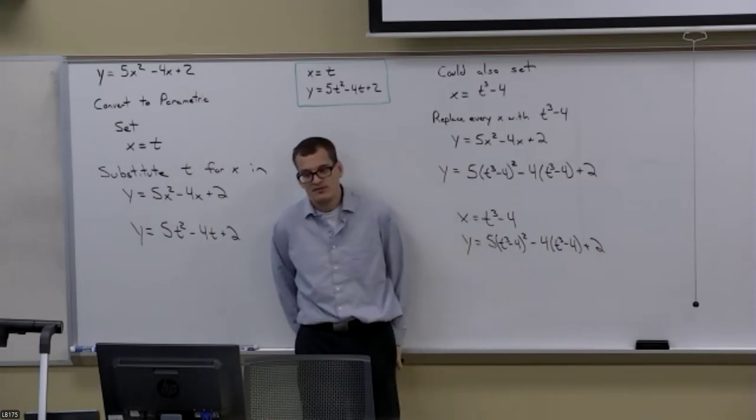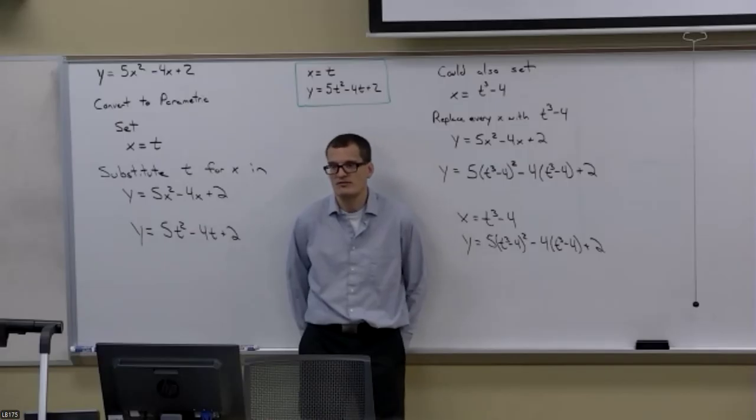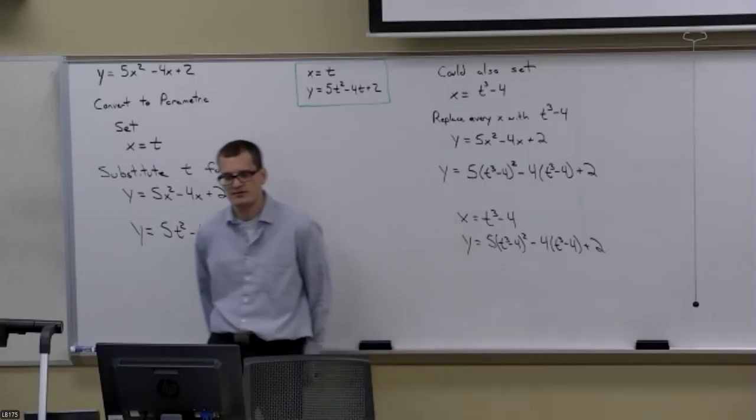So you could put in lots and lots of different things for x, whatever your mind could imagine. You'd have to be a little bit worried about matching domains, but other than the matching domains issues, you could get that. Put in anything for x.